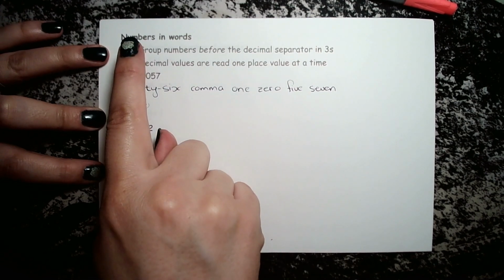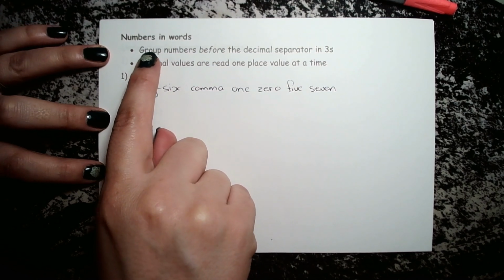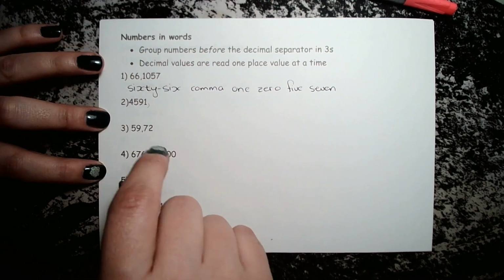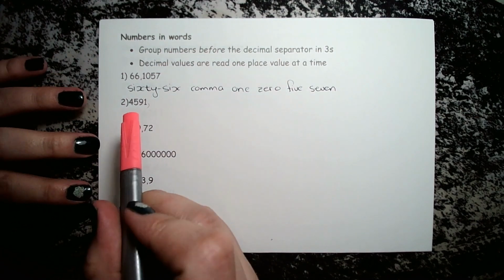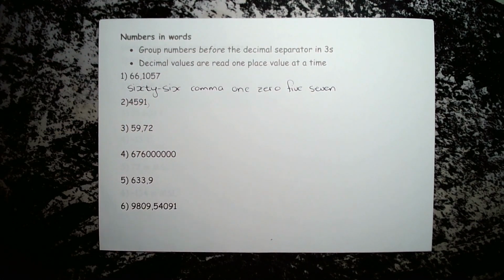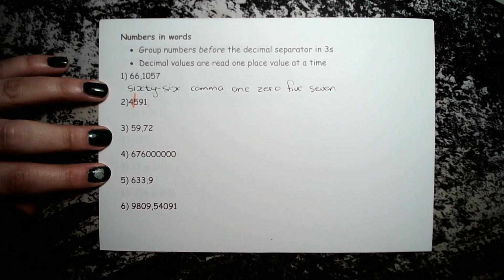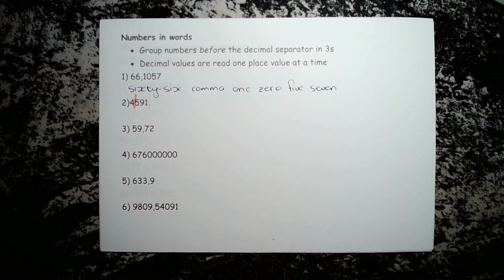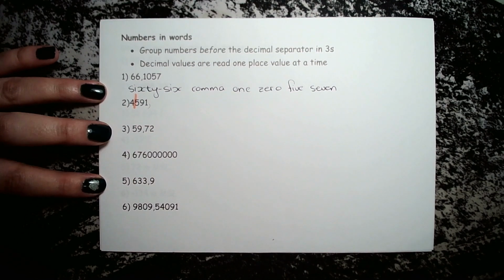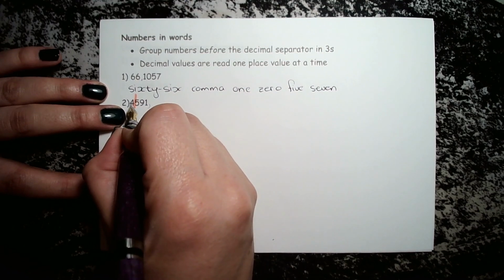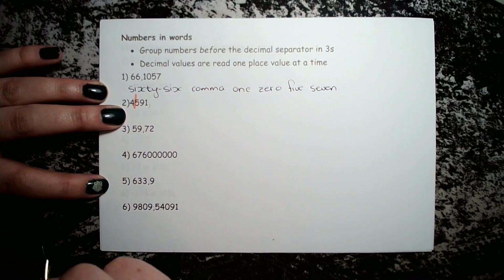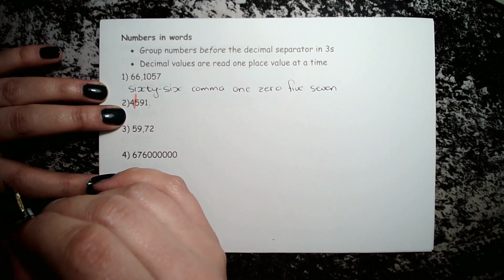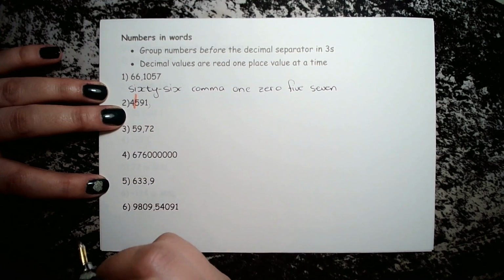So now we use that first bullet point there, group numbers before the decimal separator in threes. So there's our comma, 1, 2, 3. And then you can just indicate with a little line like that. You can use your pencil. You don't need any color pens, highlighters, anything like that fancy. It does make it easier, but it is not necessary. So now we know that this number is a 4 at the thousands, 591 at the units, and then no decimals thereafter.